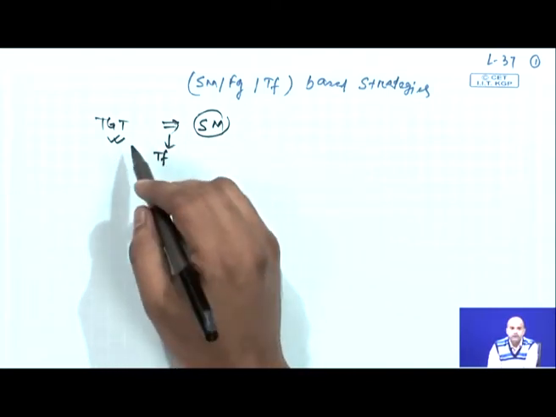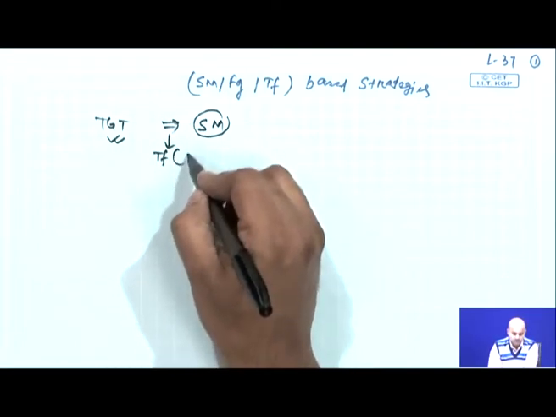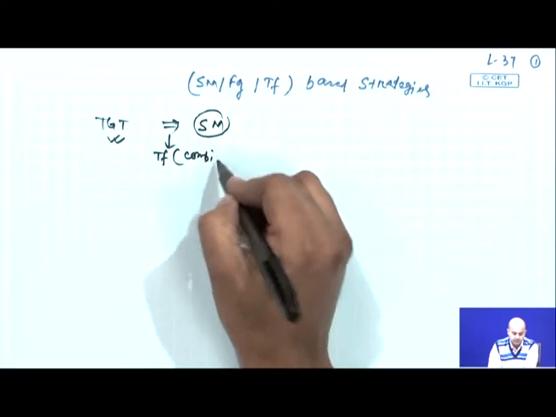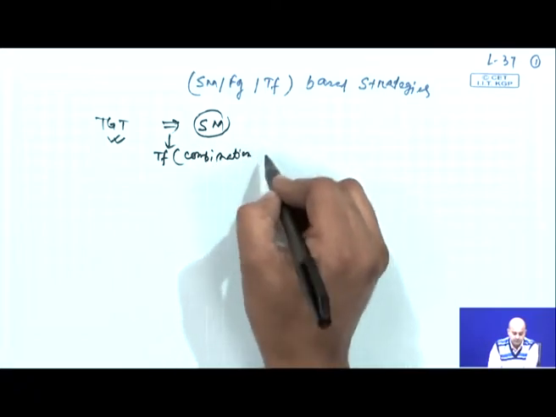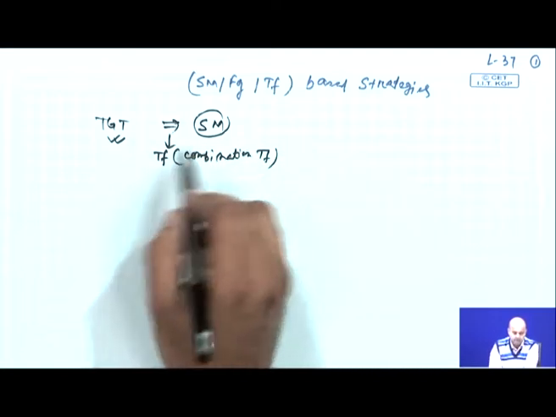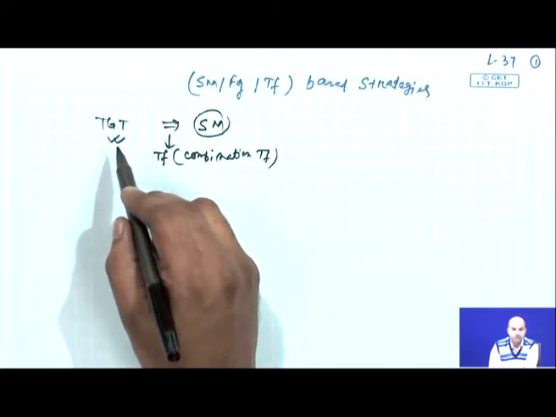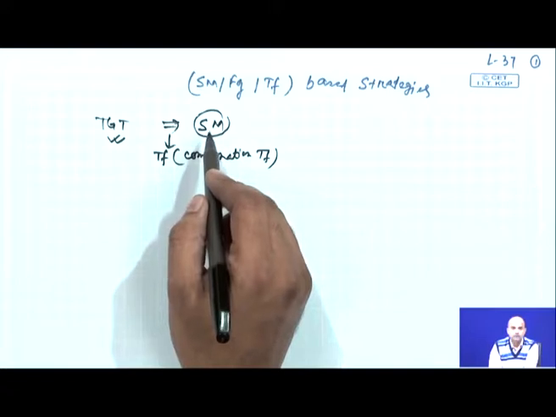Now, if your target is a little bit complex, then probably you need a combination of transformations. A single transformation might not be sufficient, a combination of transformations is required. In addition, you can also think of what are the functional groups present in the target molecule and what are the functional groups present in the starting material.